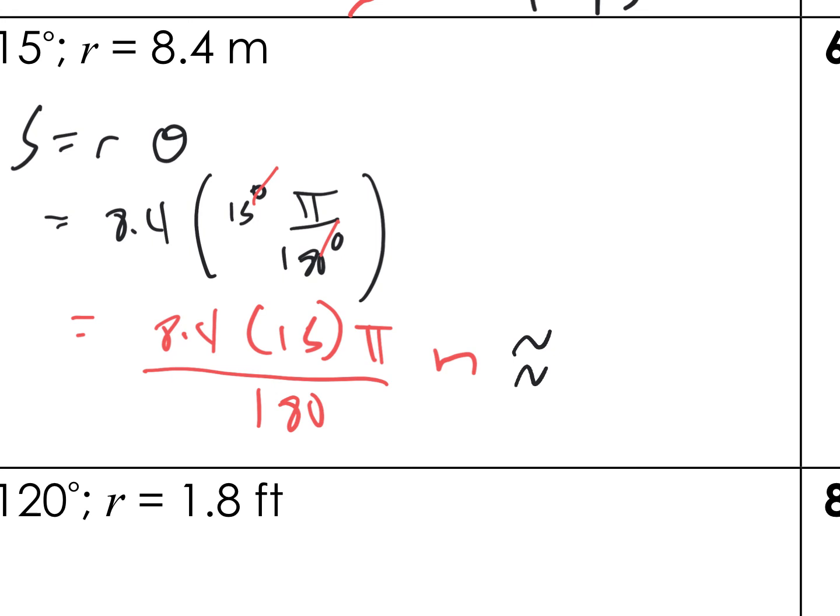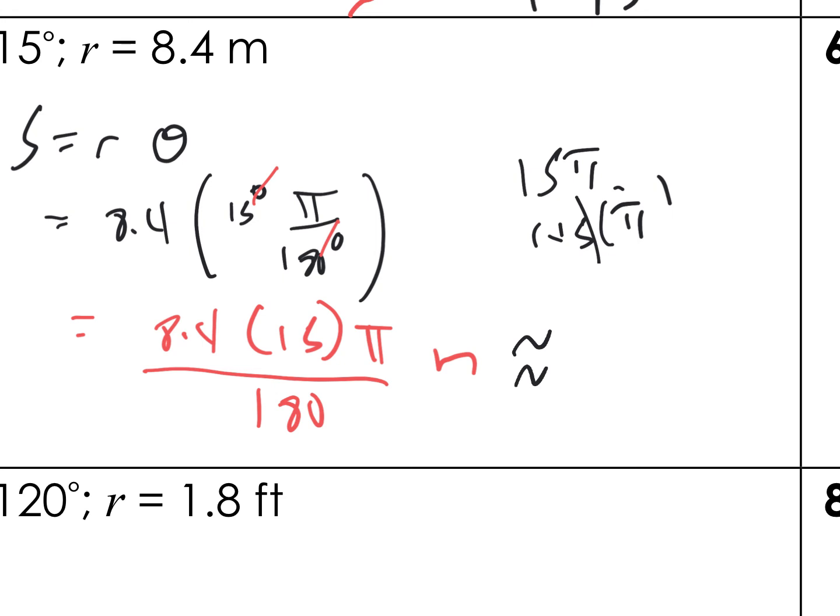In your calculator, you're going to multiply it. He wants to know if he doesn't have to use that parenthesis. Yeah, 15 pi is the same thing as 15 times pi.